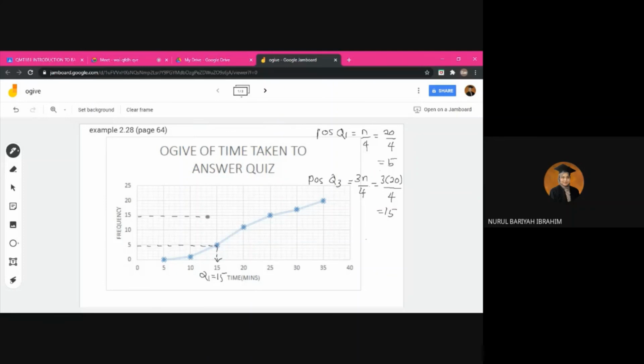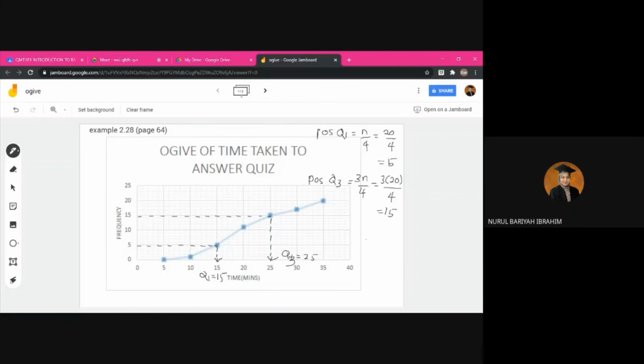Quite lucky here, right? Because dia punya scale tu tepat. So we drag ke bawah. And then this is our Q3, which is 25. So ini value yang kita nak. Ini adalah position yang kita cari, sorry, here is Q3. Q3 is 25, Q1 is 15.